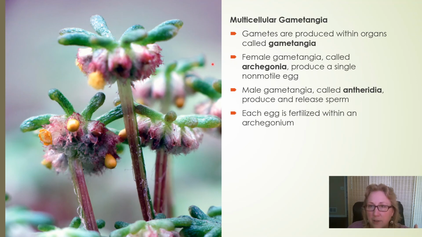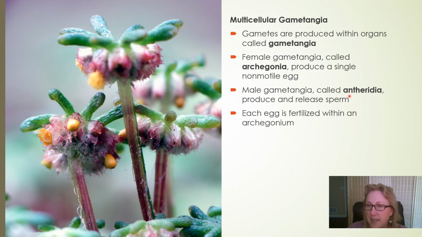The female structure where we find the egg is called the archegonia, and the male structure where the sperm are released from is called the antheridia. In liverworts, there are male plants and female plants. The female plants have these little umbrella structures that contain archegonia, and the male plants look kind of like little flat discs.